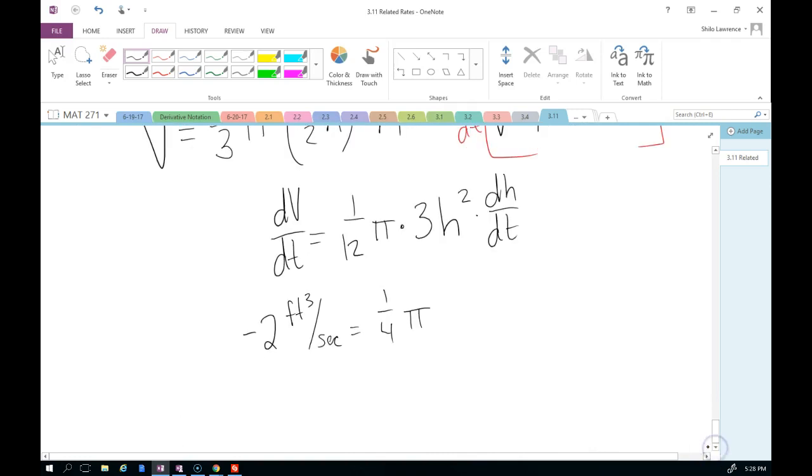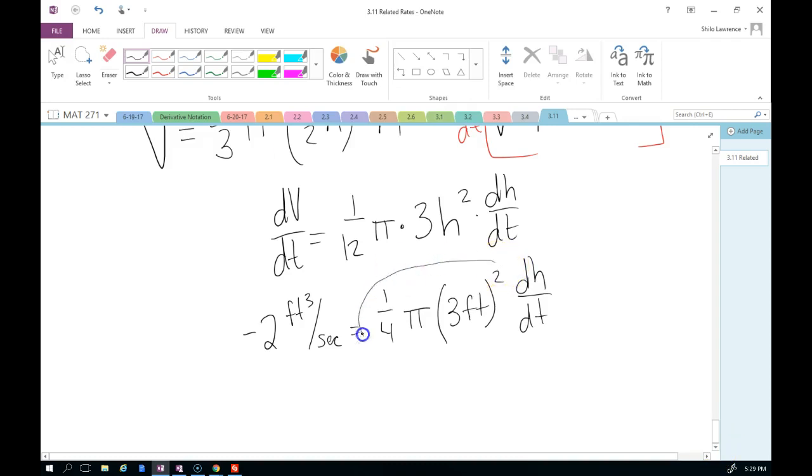So we can plug in h equals 3. And we're trying to solve for dh/dt. What is the rate of change of the depth? Like if we were just standing there watching this water drain out of the cone, how quickly would we see the depth of the water be falling?